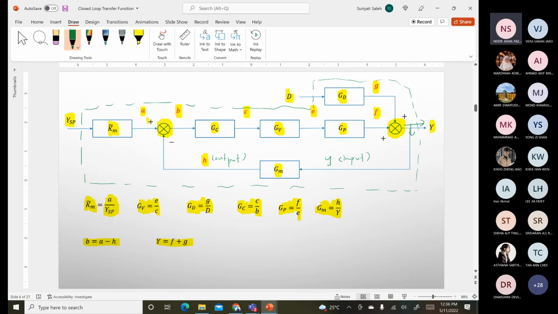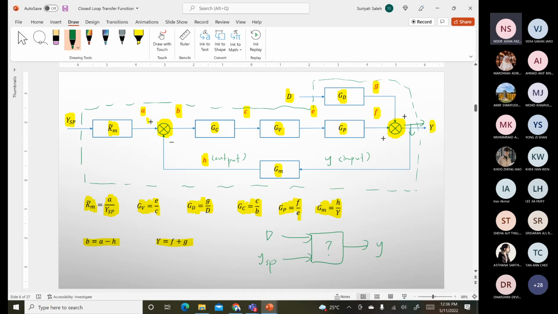Meaning that in the end, my transfer function should be like this. This is my Y, this is supposed to be the D, and this is supposed to be the YSP. So the problem is, what is the transfer function inside? That's why here I want to obtain that. I put the labeling and I establish the transfer function relationship.